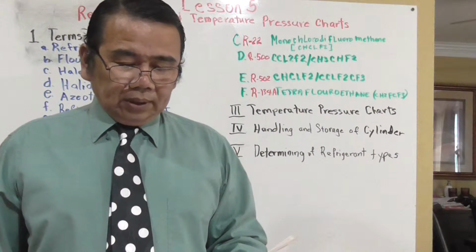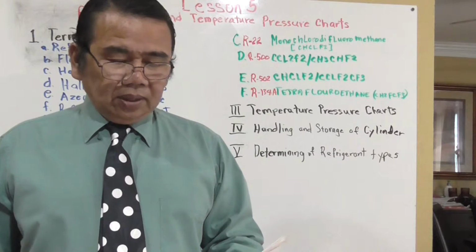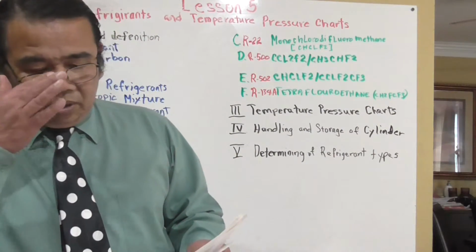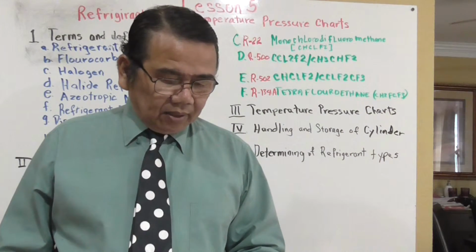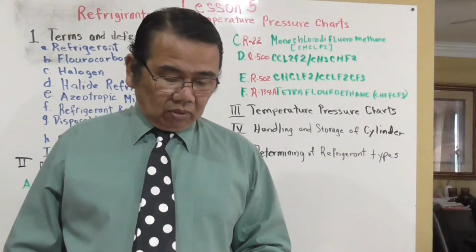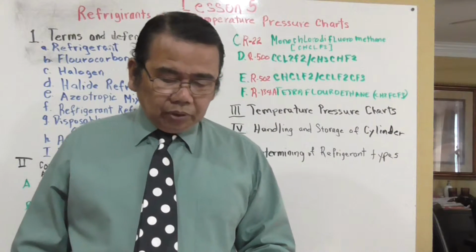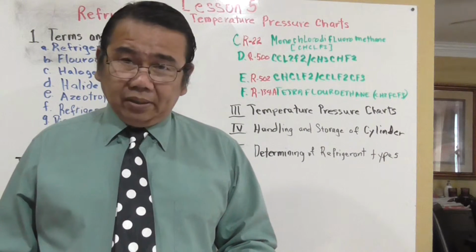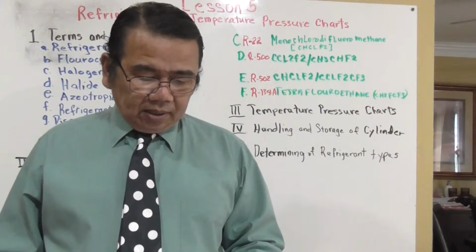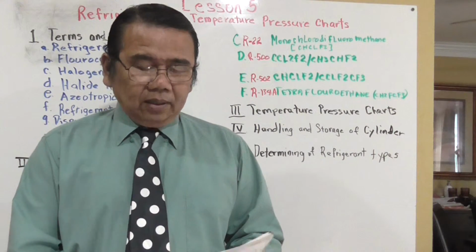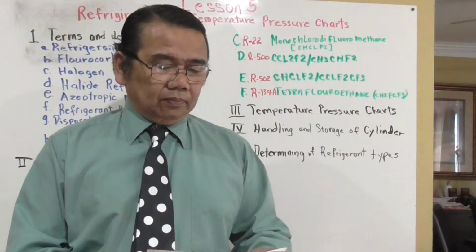Recommended for all single stage compressor installations with evaporating temperature of 0 degrees Fahrenheit or below. Very popular for use in the medium temperature range. Used mostly in reciprocating compressors.